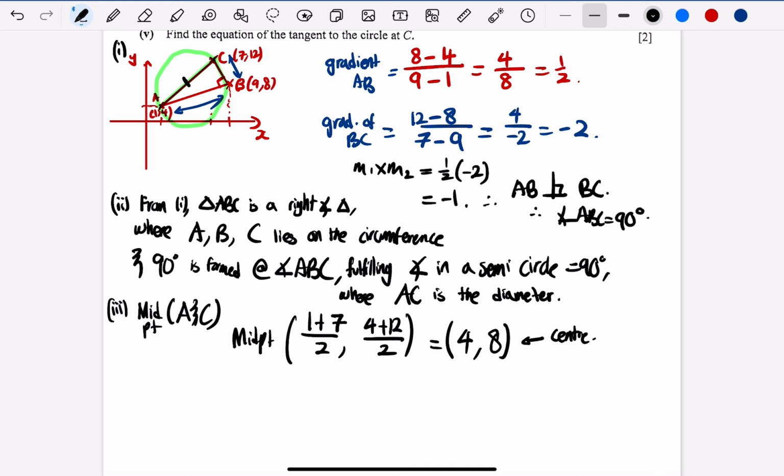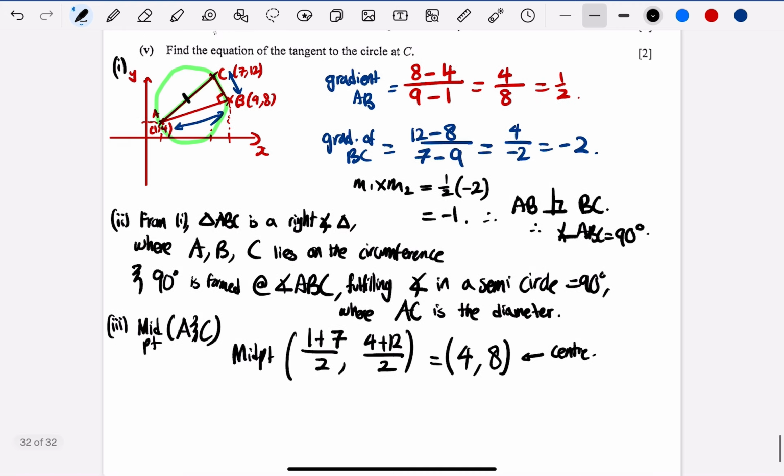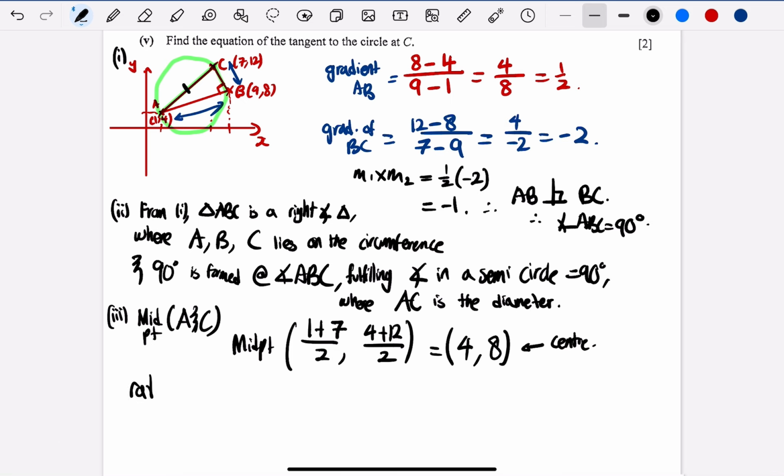And from the center of my circle, I can also find my radius. For my radius, it would just be my length formula of square root. We can use the center that we just found. So your length formula is your x1 minus x2 squared plus your y1 minus y2 squared.